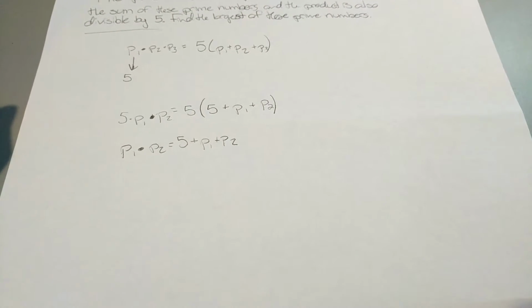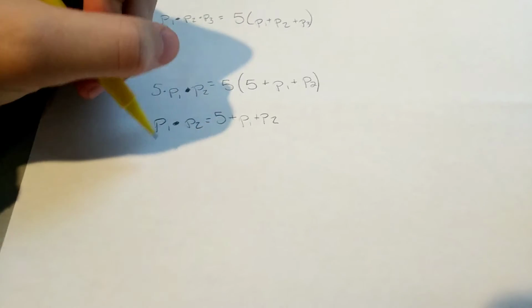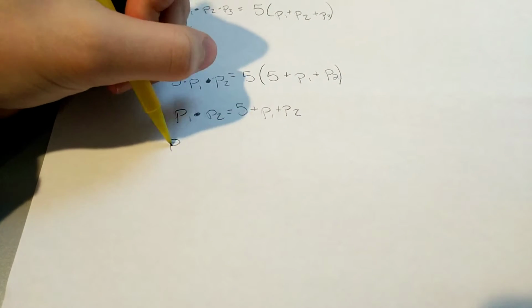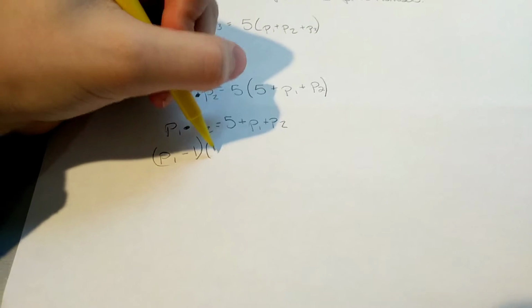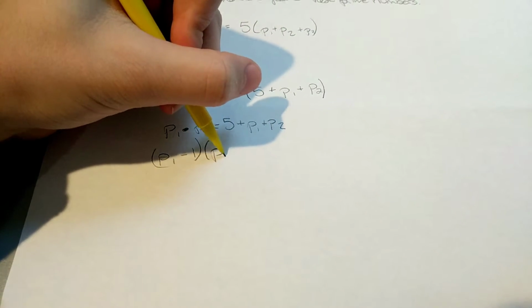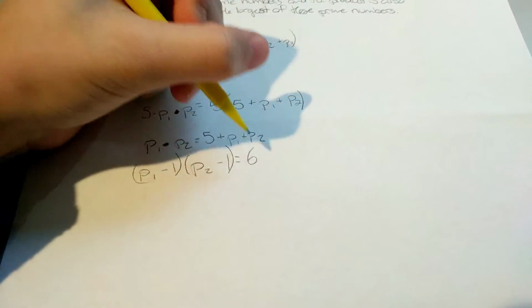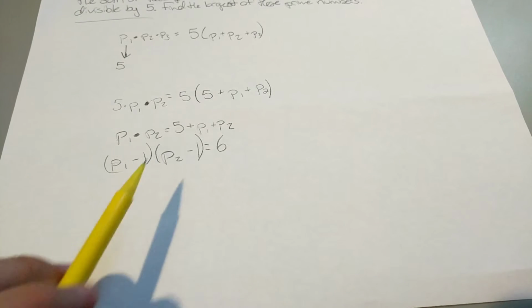And now it is going to be time to factor, okay? Now when I factor it, I'm going to factor it to P1 minus 1 times P2 minus 1 is equal to 6, okay? Now I'm going to explain to you why this is, okay?